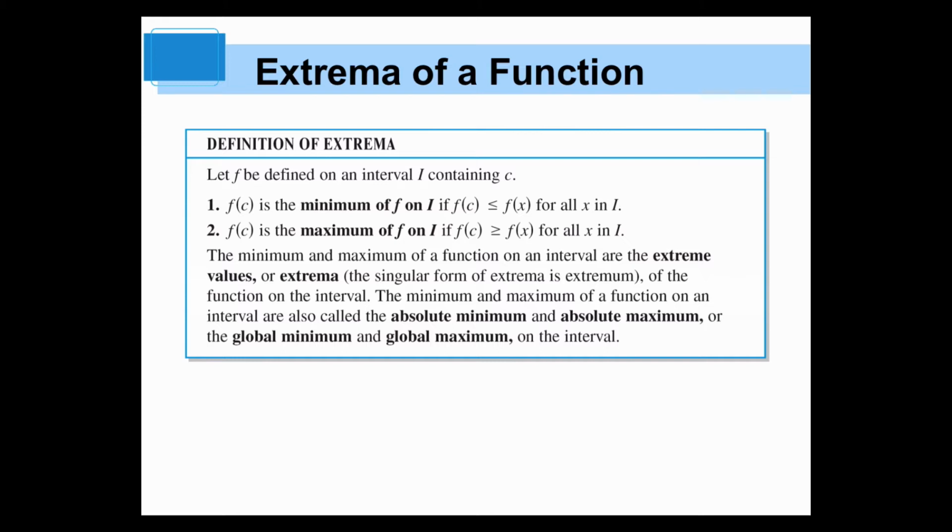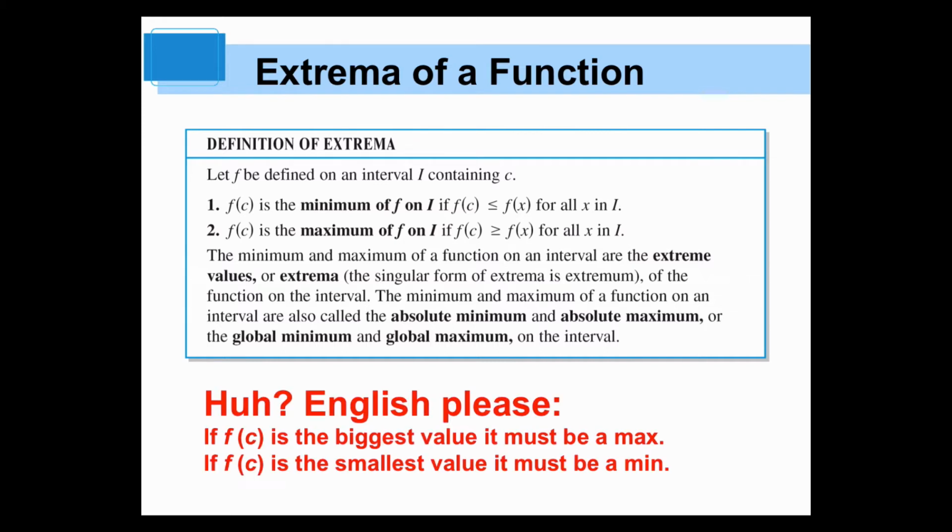And we're going to also talk about the difference between absolute max and mins versus relative max and mins. They come up later. In English, the biggest point is the maximum. The smallest point is the minimum. Pretty clever.